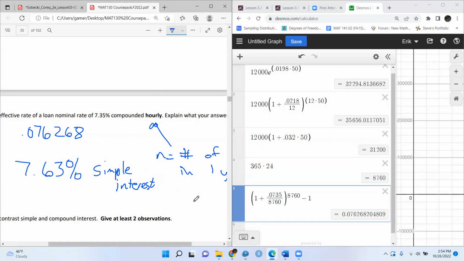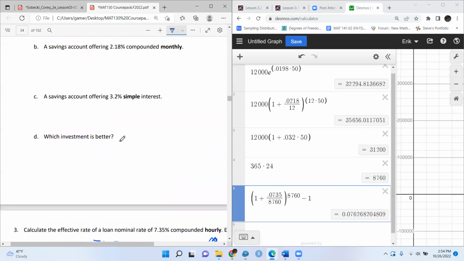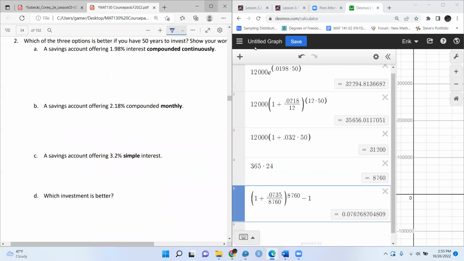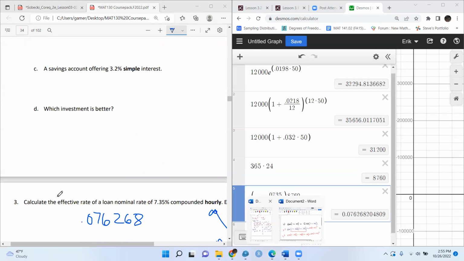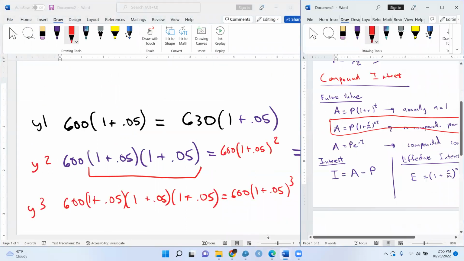I honestly didn't even know how to attempt it. So yeah, I didn't have anything. Nice. Okay, ignore that. You don't get to see that. So here's how I knew to do that. It said effective rate. Okay, so effective rate, it would be simple interest then?